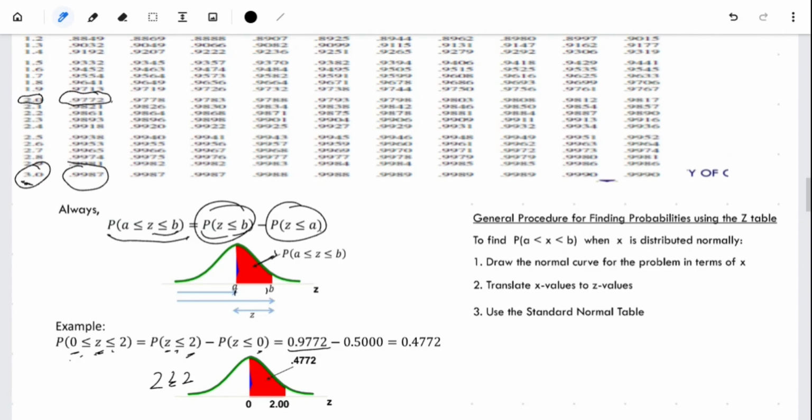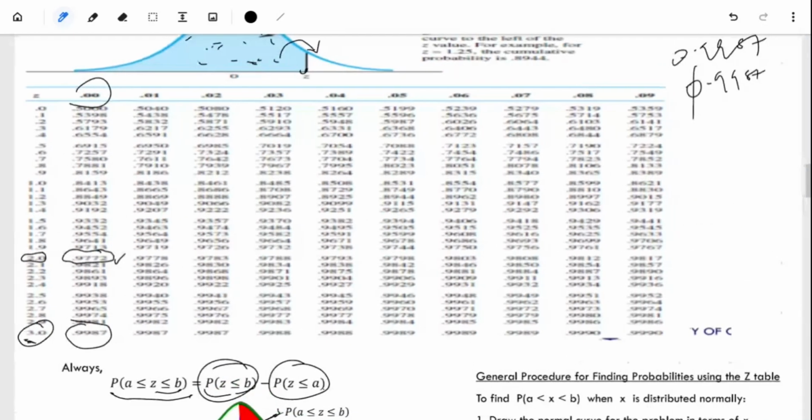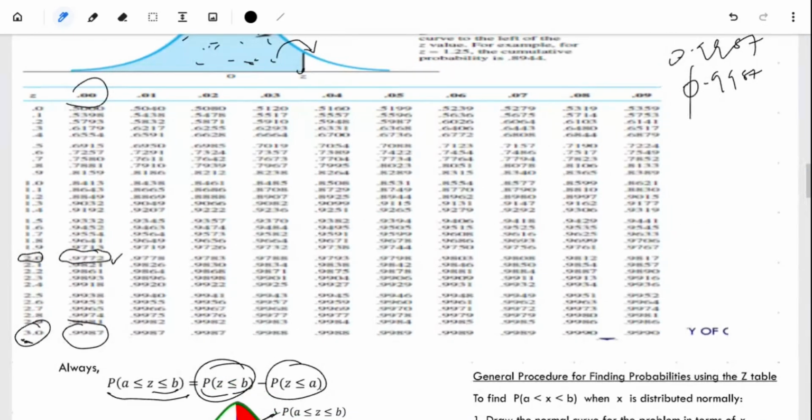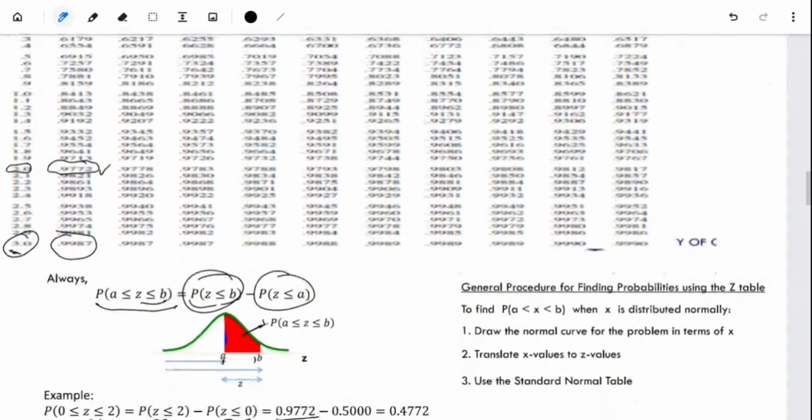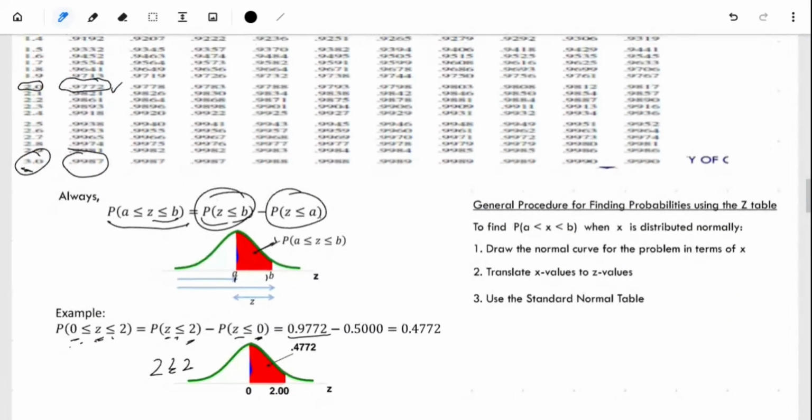And then the Z value less than or equal to 0, when we check it from here, there's 0 here and 0.0, so we get this value, 0.5000. You see they have 0.5000 in the question here, so you subtract and you get this probability.